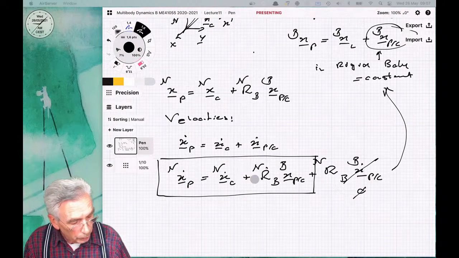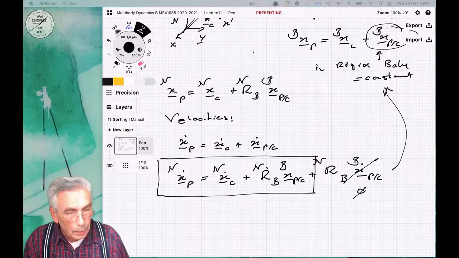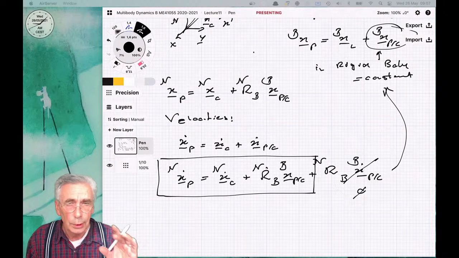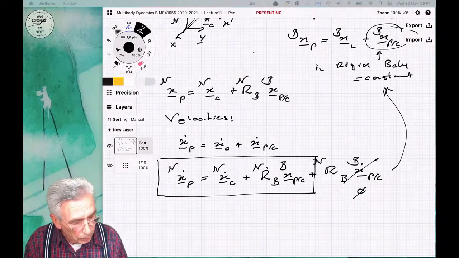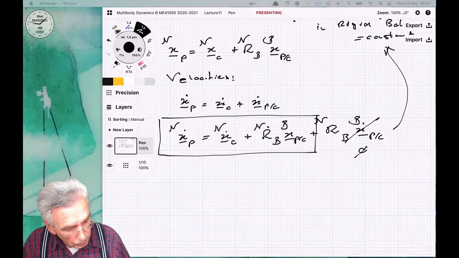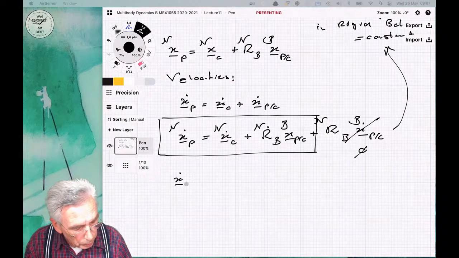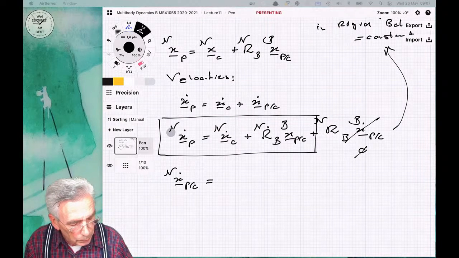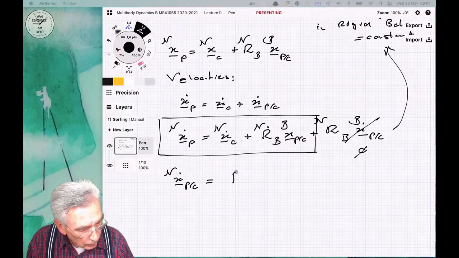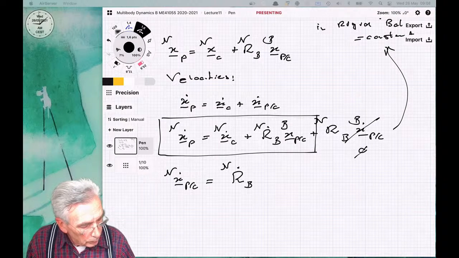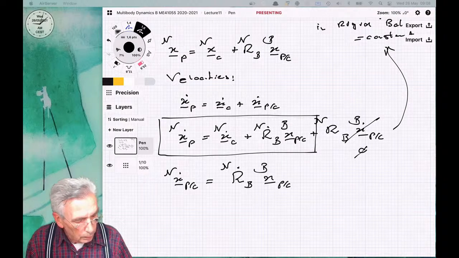What I want to talk about today is this part: the velocities of this relative thing. I want to talk today about x dot P relative to C expressed in the inertial system, which is this R dot P times this x P relative to C in the body system.